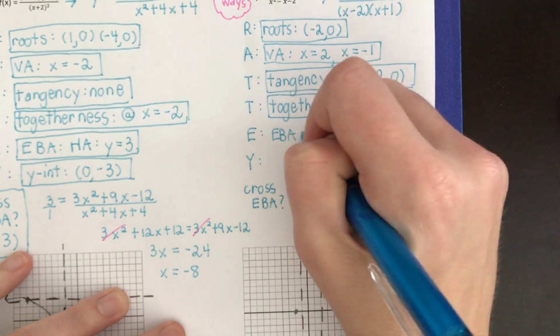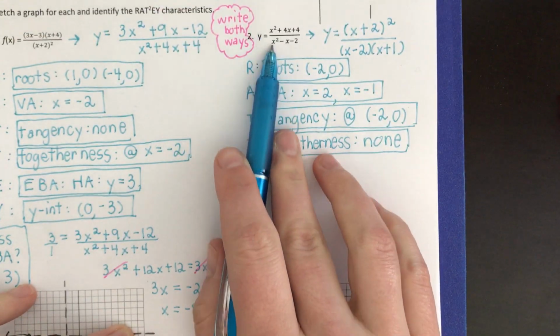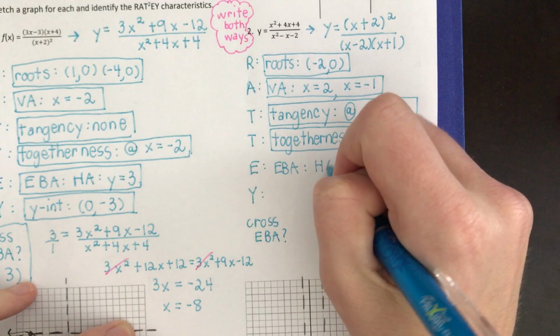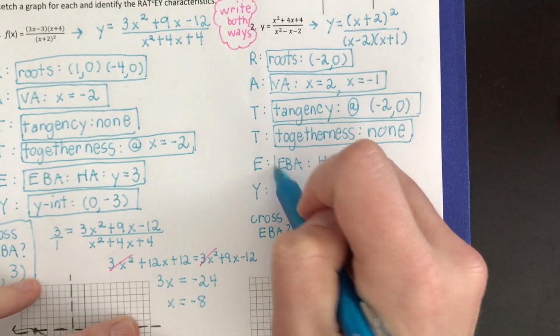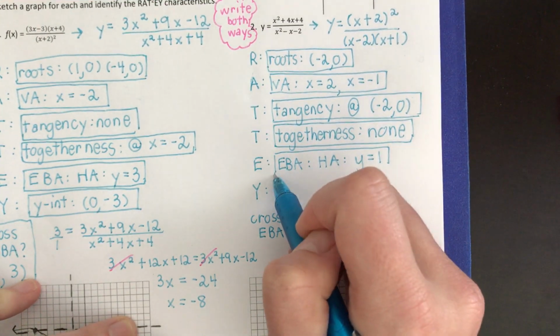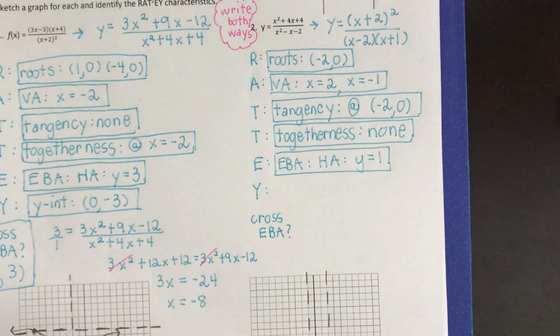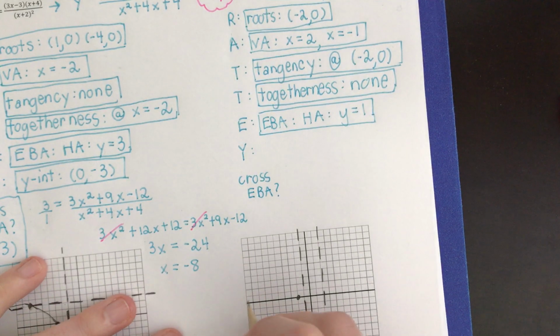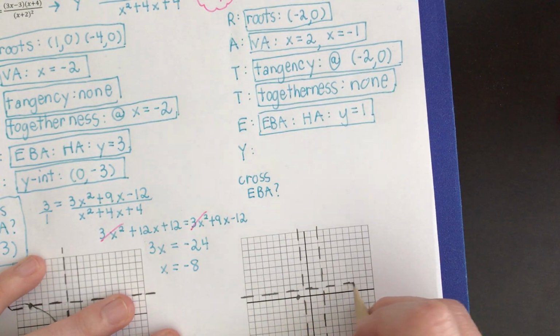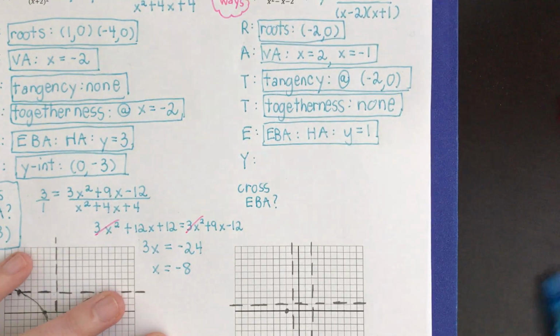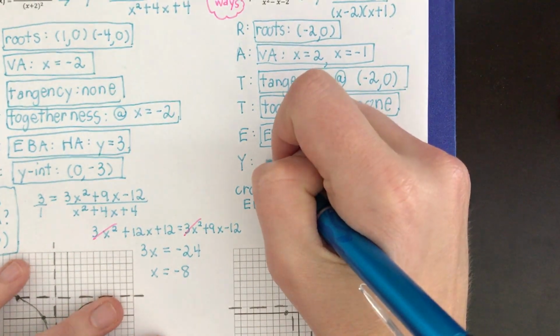EBA, end behavior asymptote. So let's look here. We would have an HA at 1 because it's that situation where our degrees in the numerator and denominator match. So y equals 1. Okay. And then y-intercept.